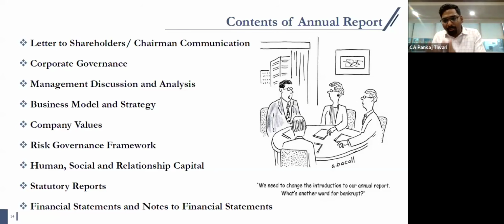There will be one section which talks more about the performance of the company, basically how the company has performed over a period, how the company is looking at the future, what the growth perspective will be, and what risks the company is running with, which is mainly included in the management discussion and analysis.